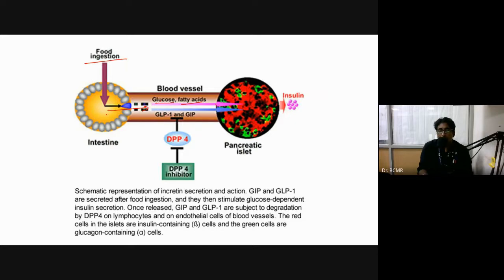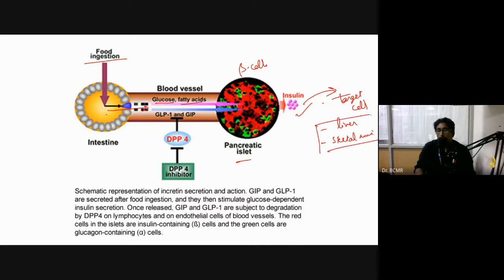They reach the blood, and through the blood they reach the pancreas, where the beta cells are triggered to secrete insulin. That insulin goes through the blood to all parts and stimulates the target cells to take up that glucose. The target cells are typically liver and skeletal muscle cells.